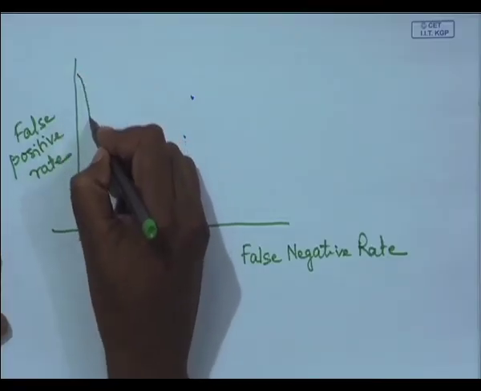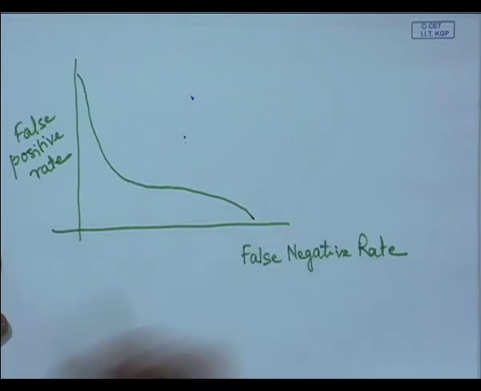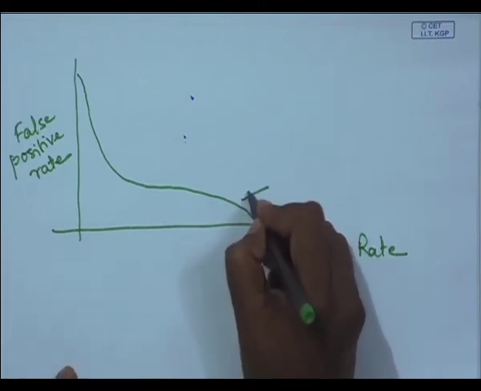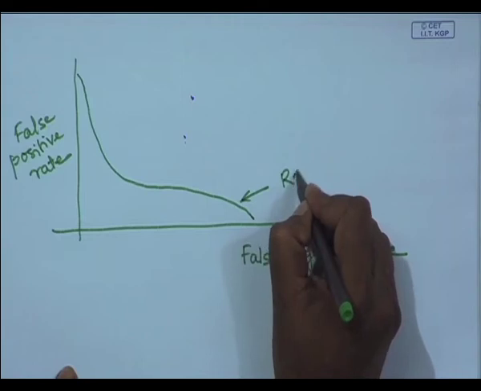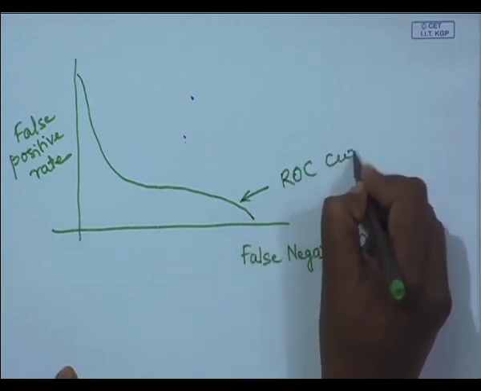So, a curve something like this, and this is called an ROC curve or characteristic curve.